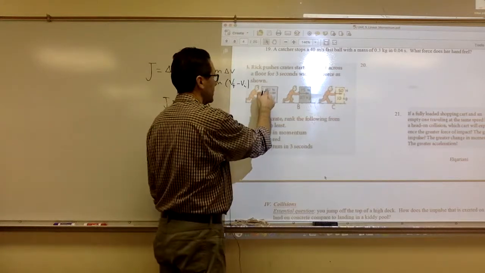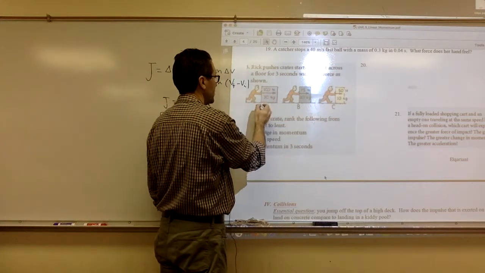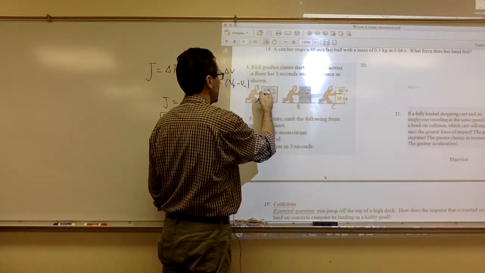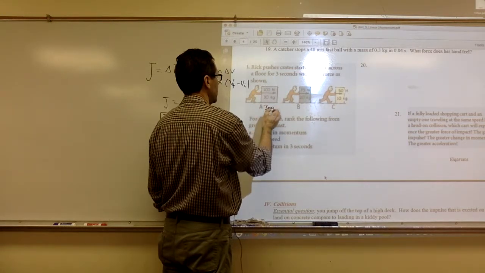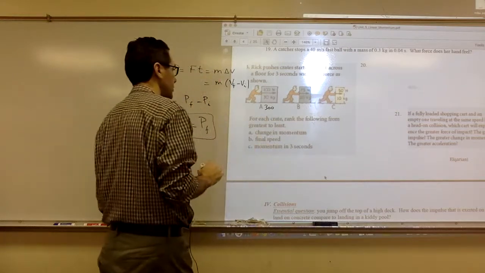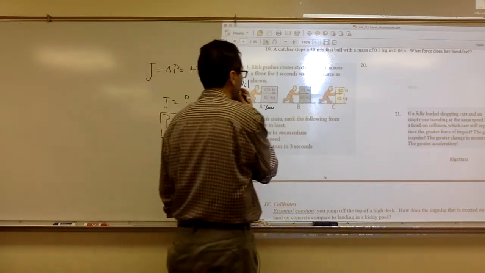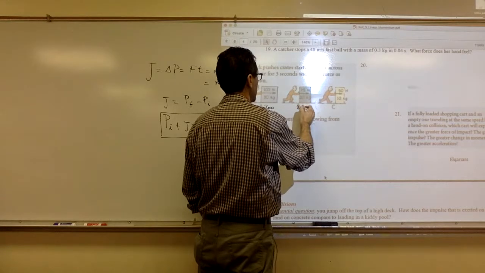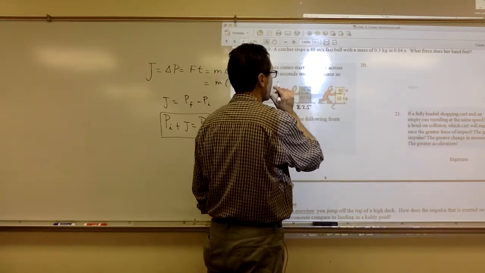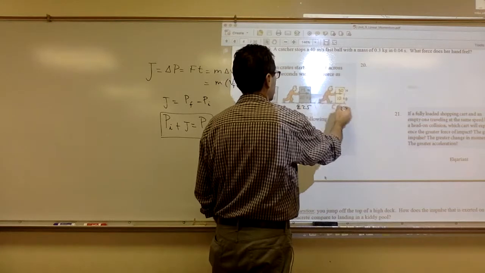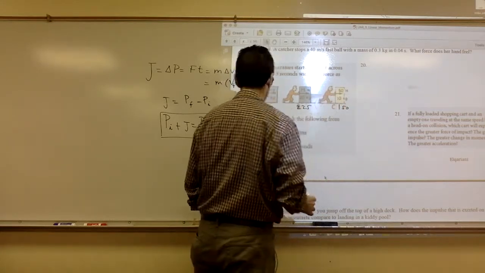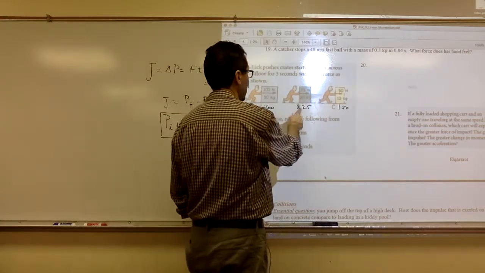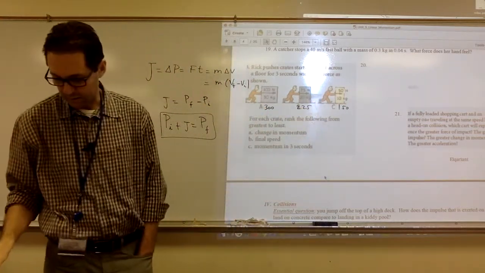So in here, the change in momentum is force, which is 100, and for all of them it's 3 seconds. So it's 100 times 3, so that's 300 kilogram meters per second, or newton seconds. This is going to be 75 times 3, which is 225. This one is 50 times 3, which is 150. So the greatest will be A, and then comes B, and then comes C.